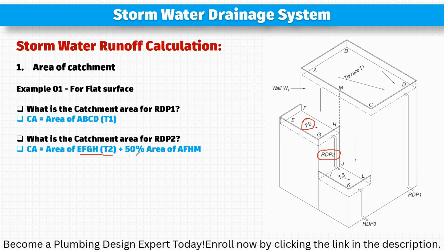So we have to take 50% of this area, that is AFHM. This wall. So 50% of this wall you have to take to calculate the catchment area of RDP2, and add all this flat area, this one. Okay, got it.